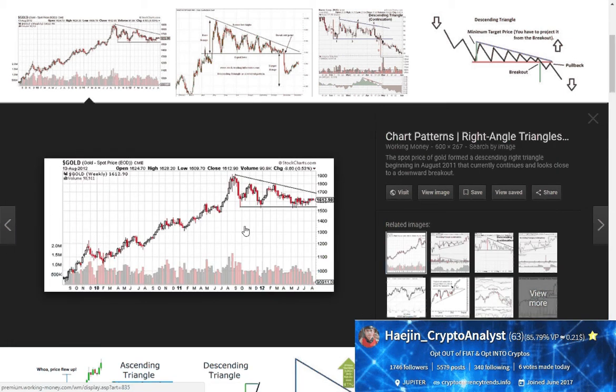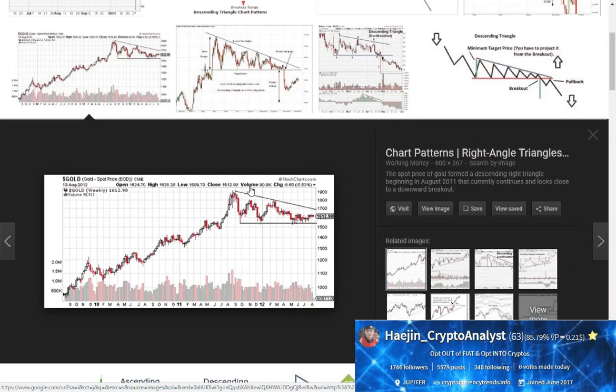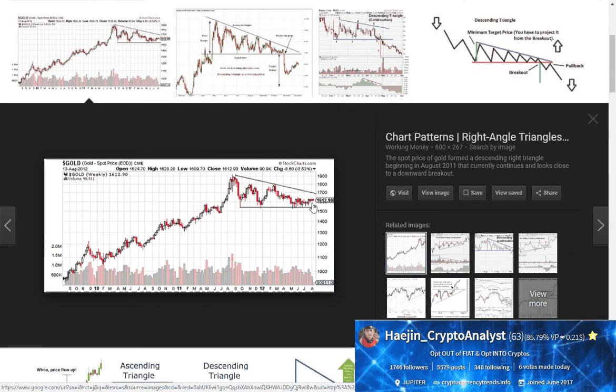Here's another example. You can draw a line across the bottoms of the price and the tops. Now in this case, if I did an Elliott wave count, A, B, C, D, E, the E will be sitting in the bottom of the line.